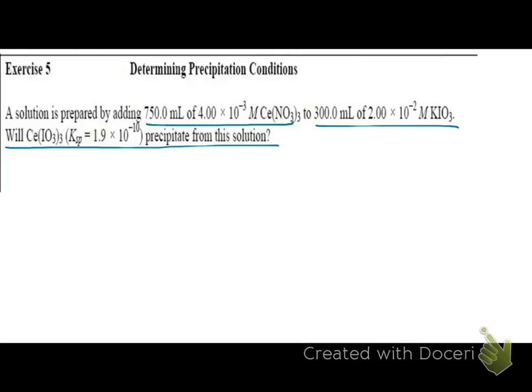So we're going to do our calculations. We're going to calculate Q right here. We have cerium 3+, and then iodate, and it's going to be raised to the third. It's given us our KSP value right here, so we're going to need that.